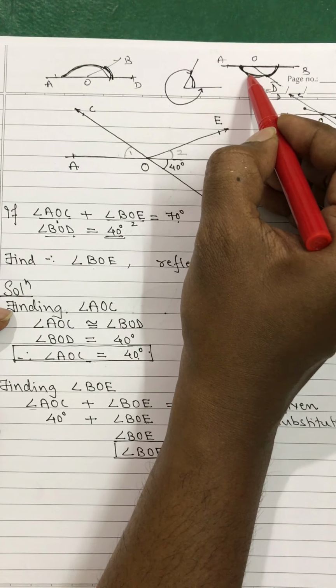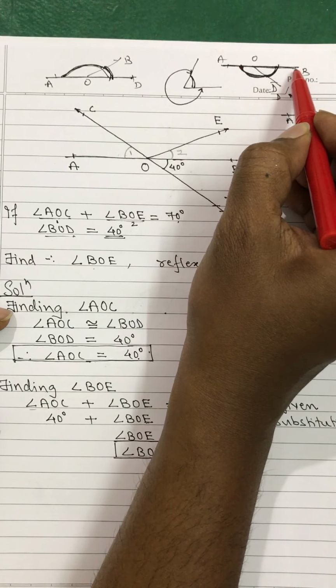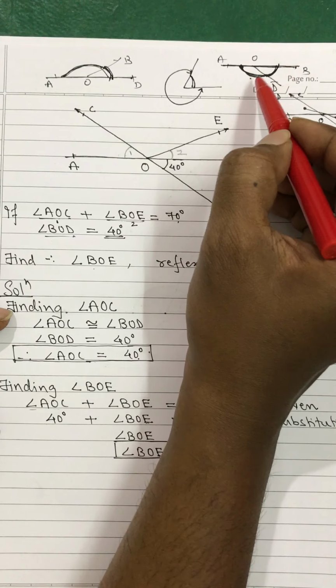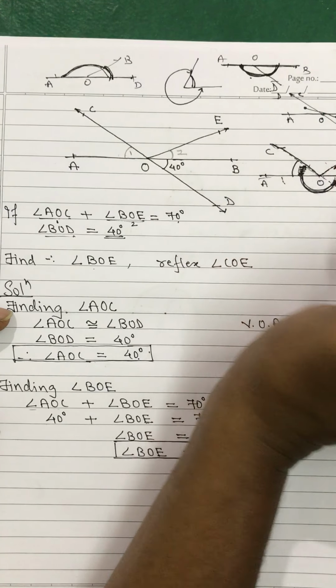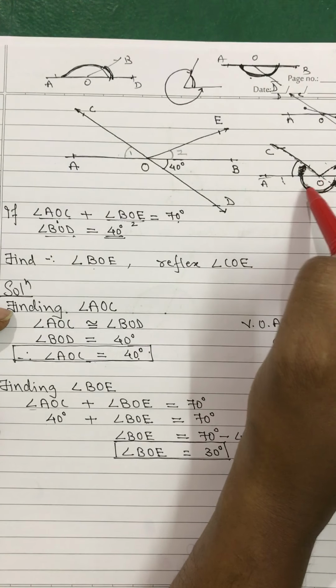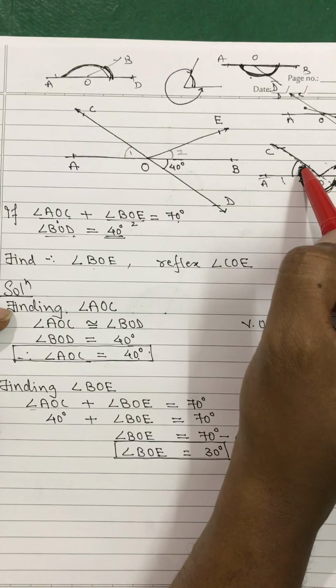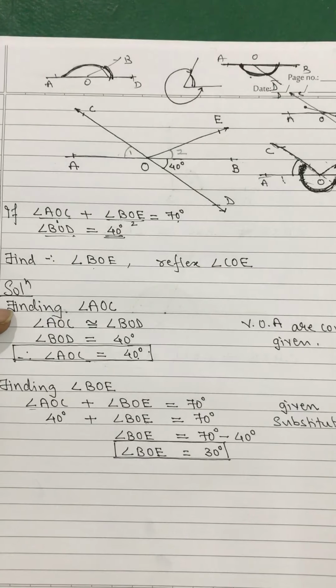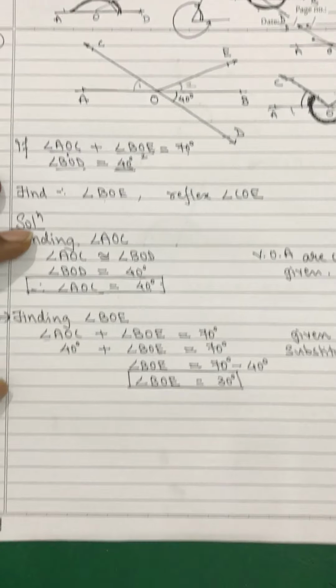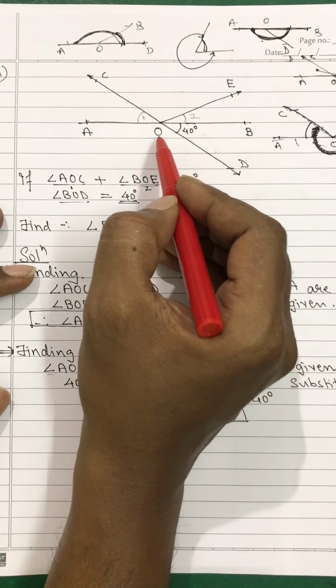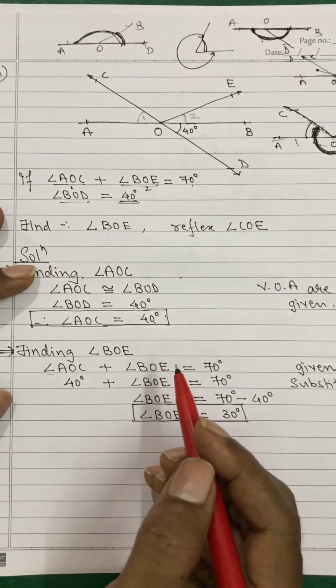If you add this, the complete angle is this, which is again a straight line. So from this I can find angle AOD, and once I get angle AOD, then this angle plus angle AOD plus these angles will be the reflex angle COD. Okay, so now our next step is to find angle AOD first.